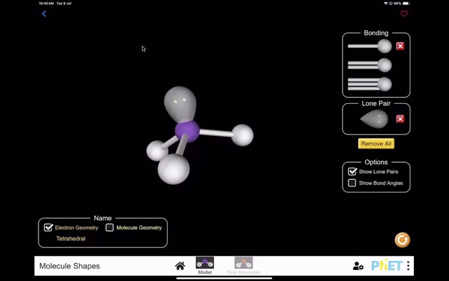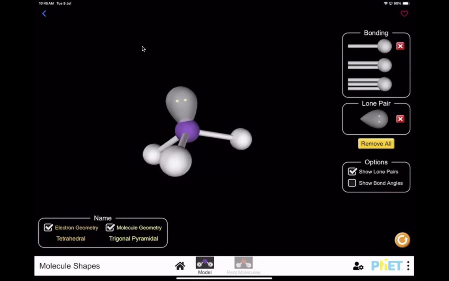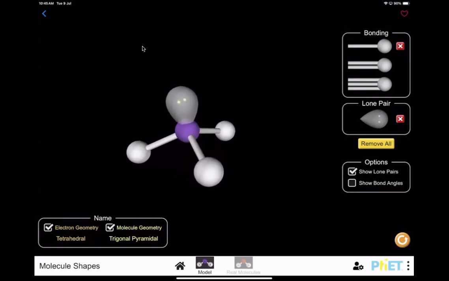So isn't it making a pyramid? Yes. And how many faces does this pyramid have? There are three angles, right? Yes. So it is going to be considered trigonal pyramidal. How does it have three faces? Wouldn't it have four? The fourth one is the base.